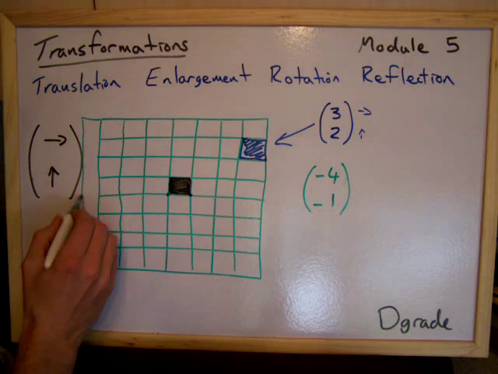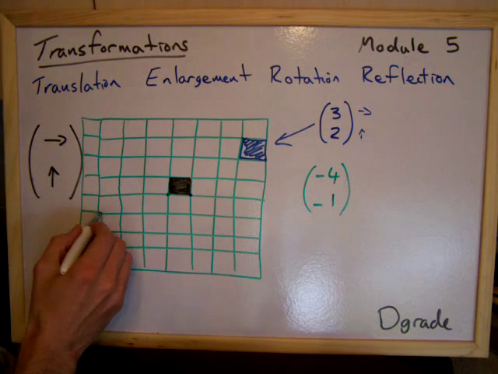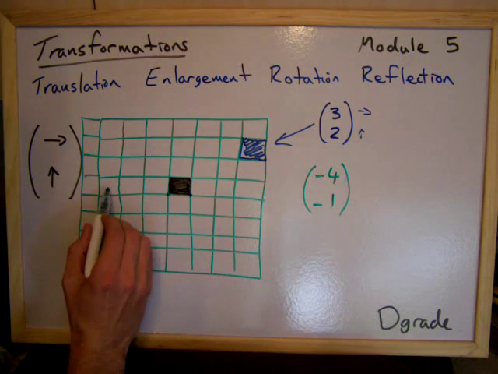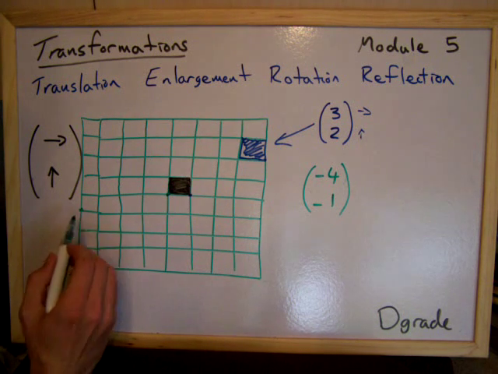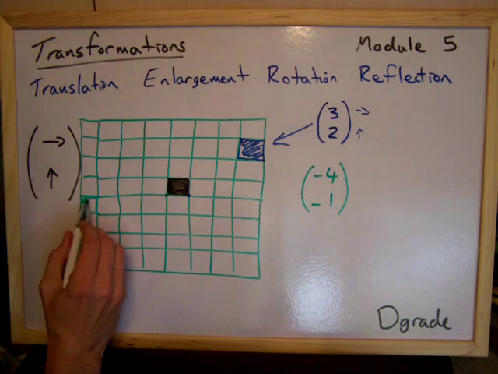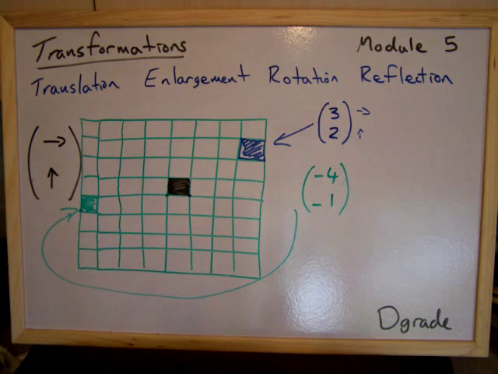Ooh, this wasn't fantastically planned, was it? Here we go. That's better. You go 1, 2, 3, 4, and then -1 means not 1 up, it means 1 down. Now there, that's my bottom left hand corner. So I'll draw the rest of my shape in, colour it in, and then this one is that translation there.